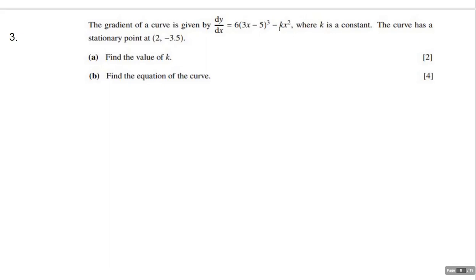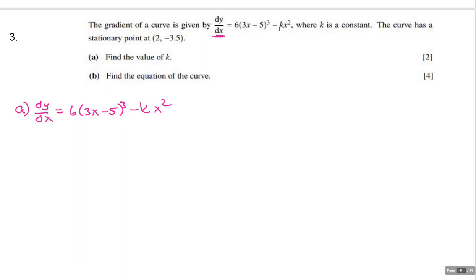I'm going to write it down. Part A. It's going to be the derivative. They're saying that the gradient of the curve is given by this derivative.